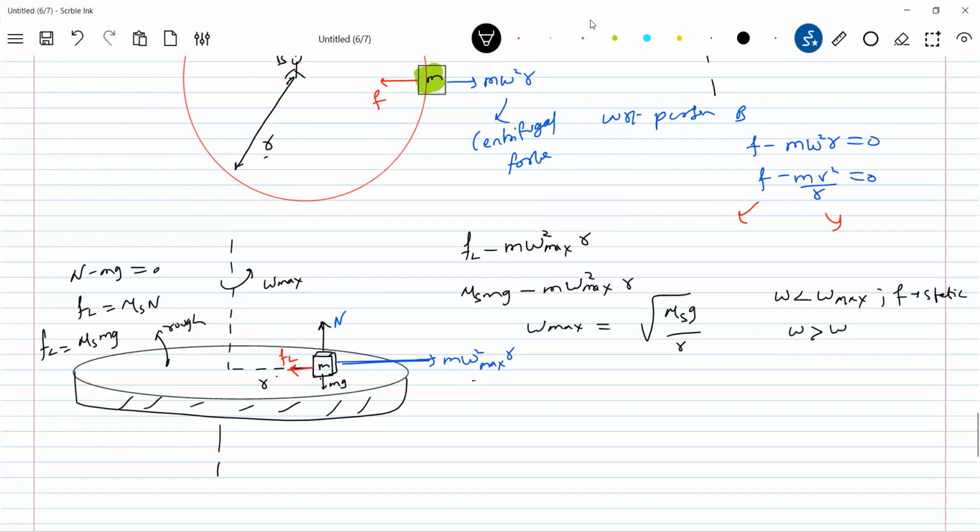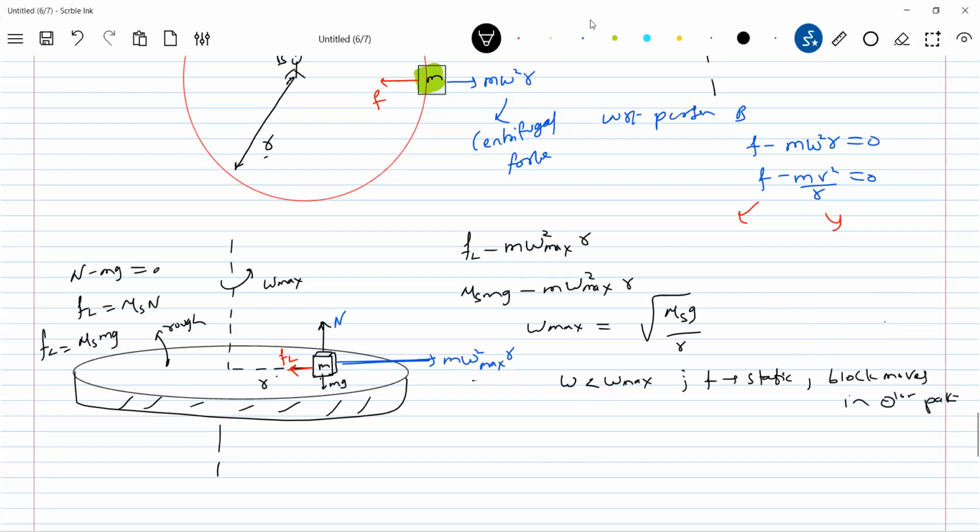If omega greater than omega max, what about the friction? I'll write it here. Omega less than or equal to omega max, the friction acting will be static and the block moves in a circular path.